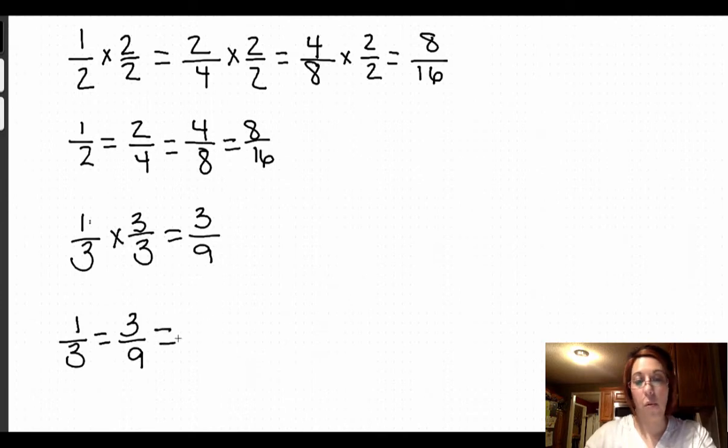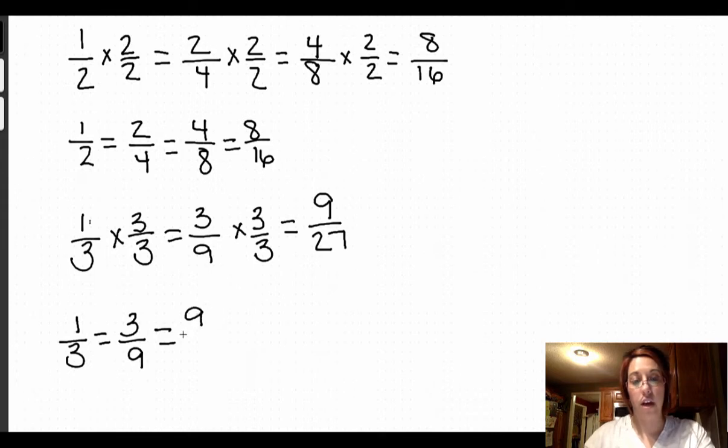We can keep going as long as we want to by multiplying it by the same non-zero number. 3 times 3 is 9. 9 times 3 is 27. So 9/27. Really, this is all it takes to find an equivalent fraction.